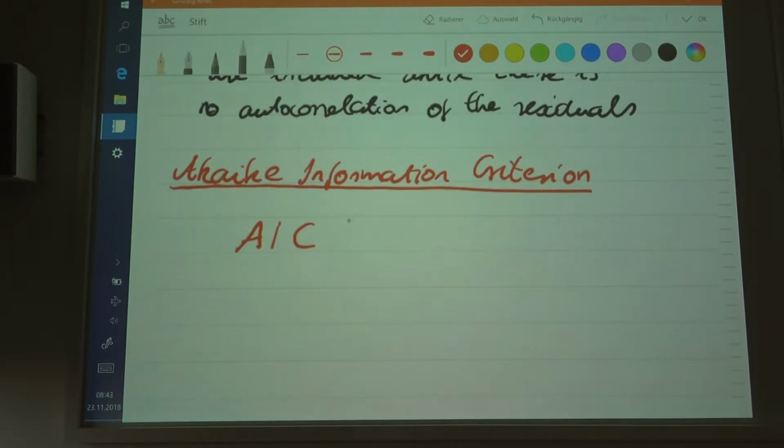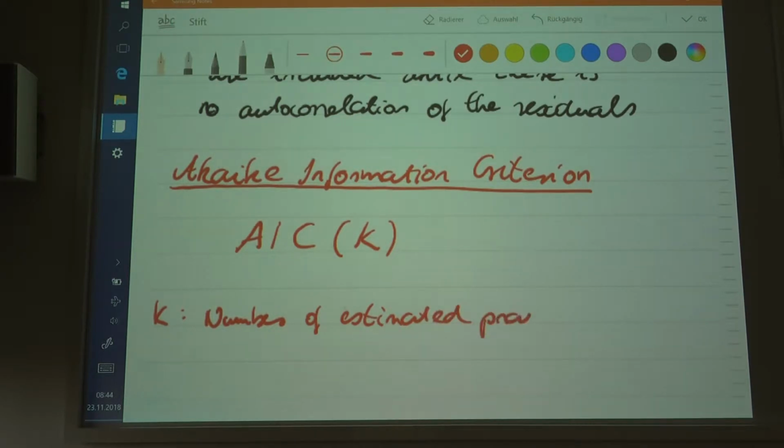And it depends on a certain constant here, K. K is the number of estimated parameters. Now there is a trade-off between K being large and being small.